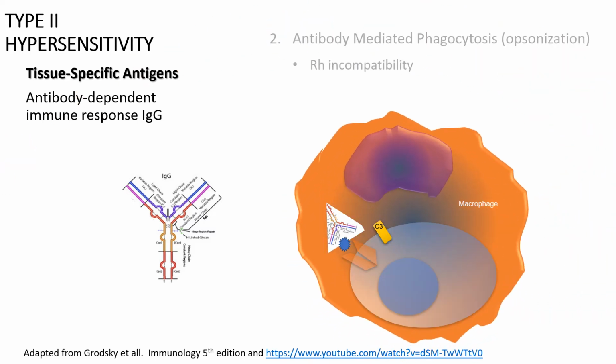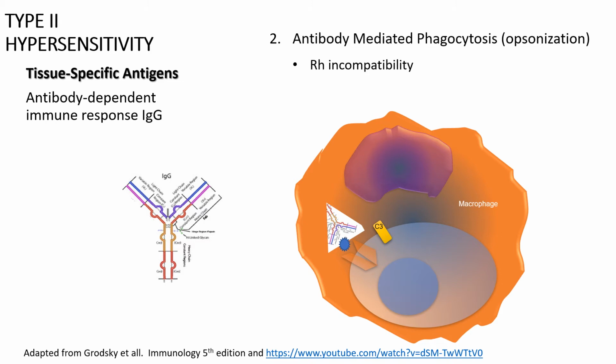This recruits macrophages, which cause phagocytosis. So this is another way that an antibody binding the surface antigen will produce killing of the target cell.